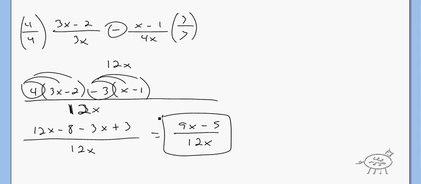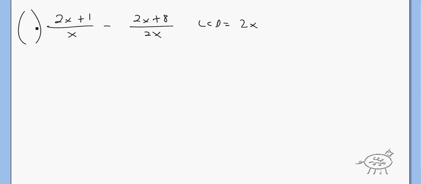All right, another example. 2x plus 1 over x minus 2x plus 8 over 2x. Okay, LCD equals 2x. So I multiply this one by 2 over 2.